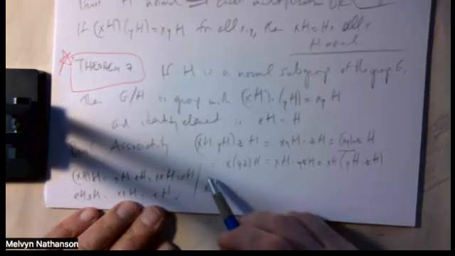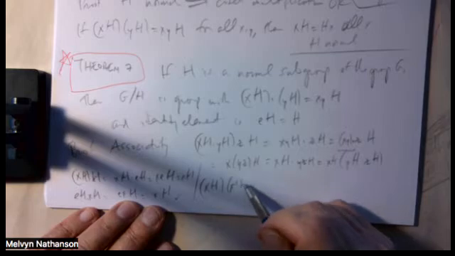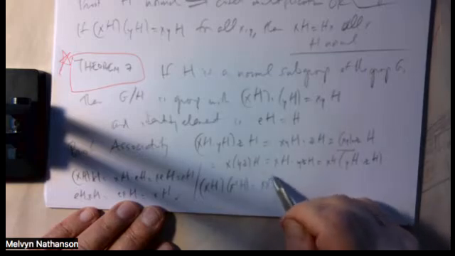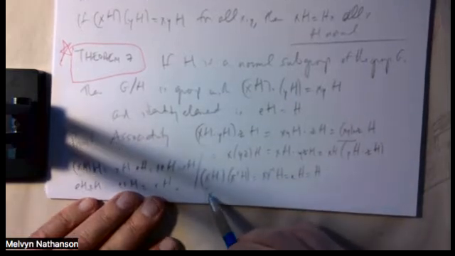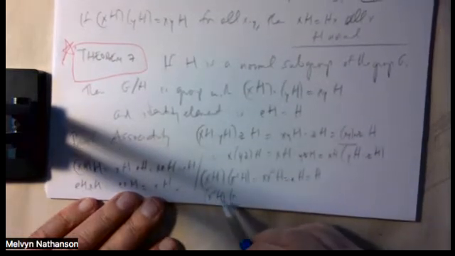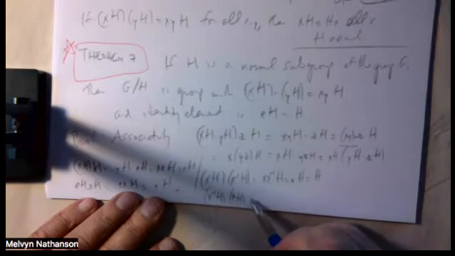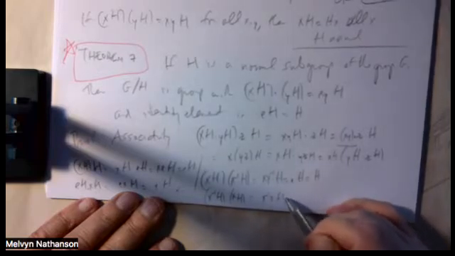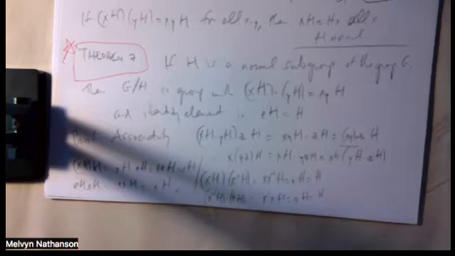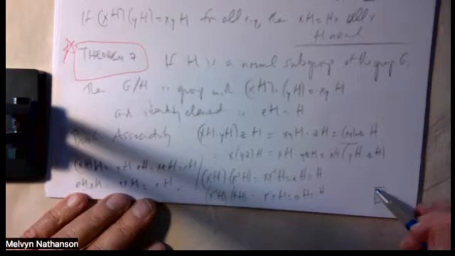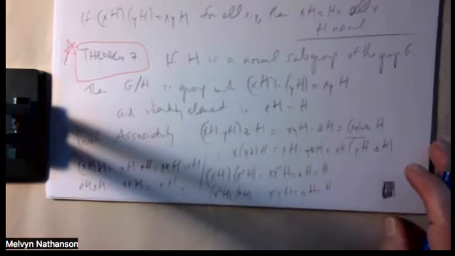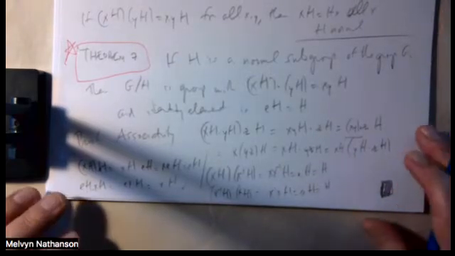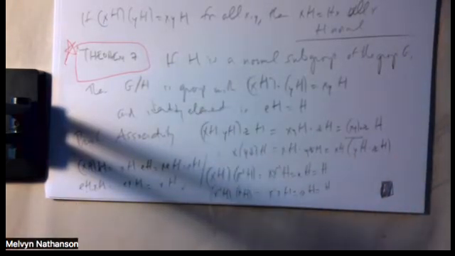And if I take the coset xH and multiply it by the coset x inverse H, I get x times x inverse H, which is e times H, which is H. Similarly, in the opposite order, x inverse H times xH is x inverse xH, which is eH equals H. So I've just proved that the three axioms of the definition of a group are satisfied for this group of cosets. And this group is called the quotient group.